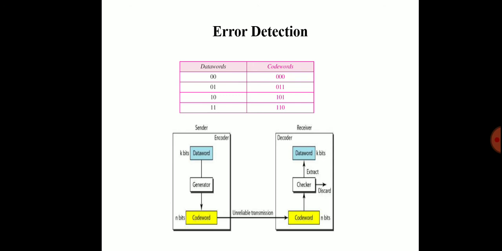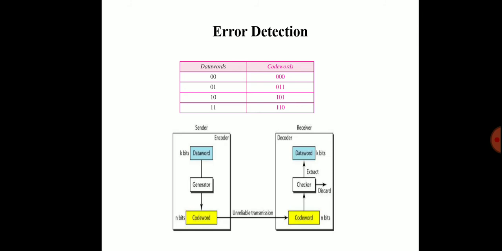Now, for example, we see the error detection logic, data word and code word. The receiver receives 011, which is a valid code word. The receiver extracts the data word 01 from the code word. Second, the code word is corrupted during transmission and 111 is received.